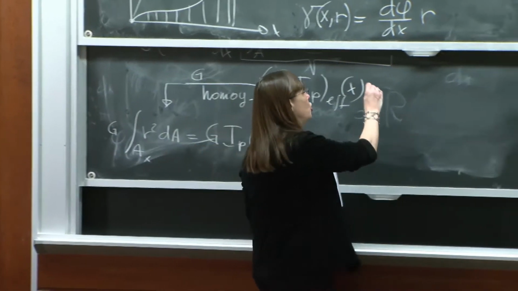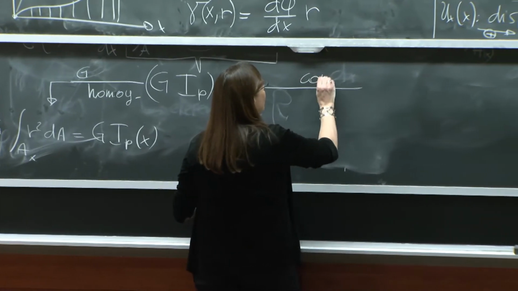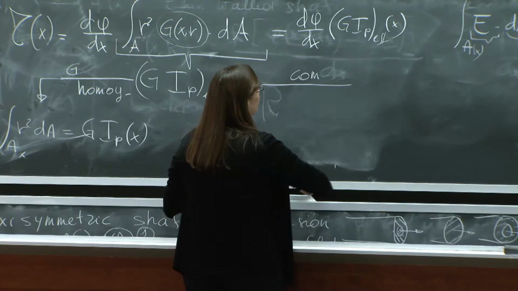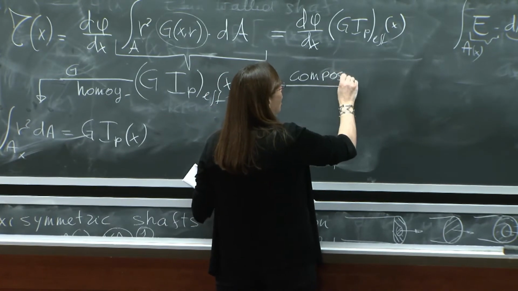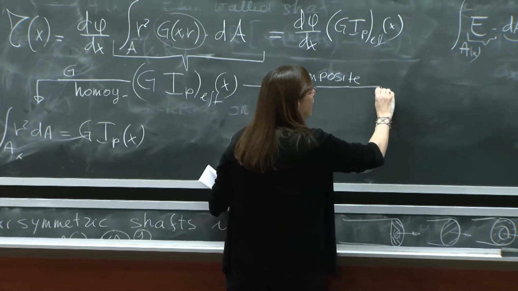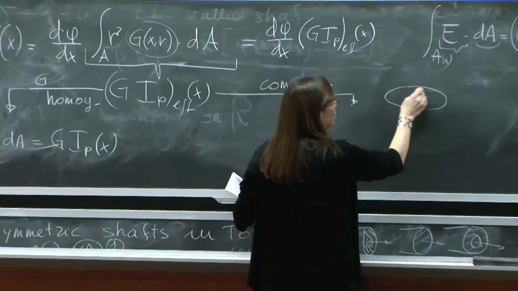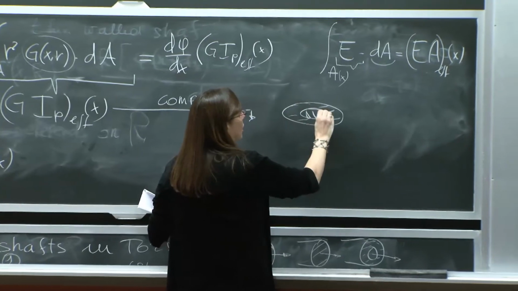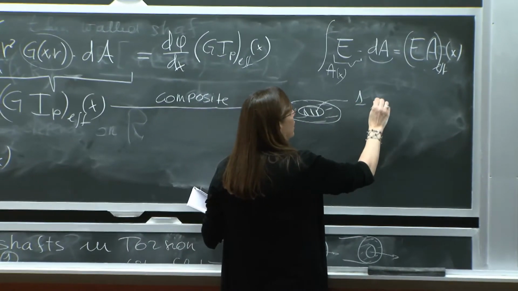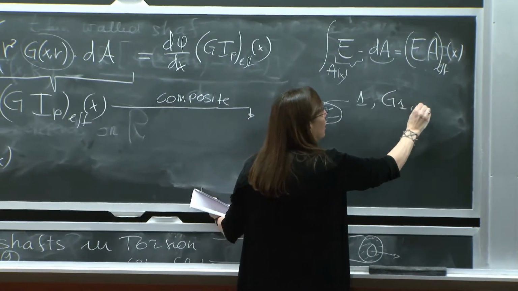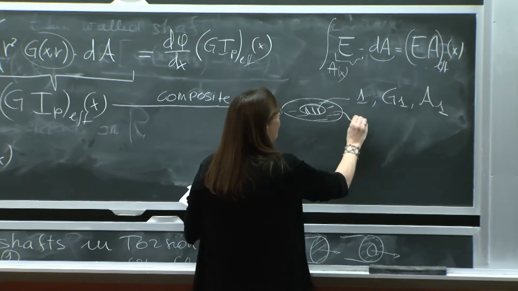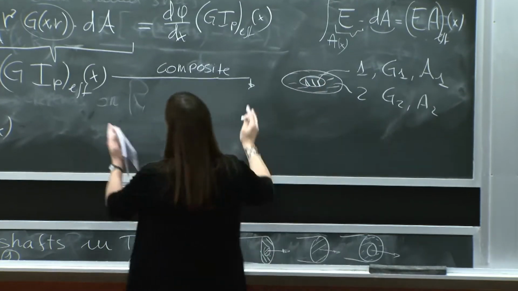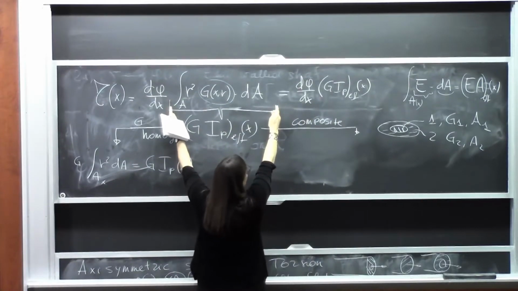If it is not homogeneous, if it's a composite shaft, say that I have something like this, in which I have a material 1 with modulus G1 and area A1, and a material 2 that has modulus G2 and area A2. Then I take this integral here and split it up.